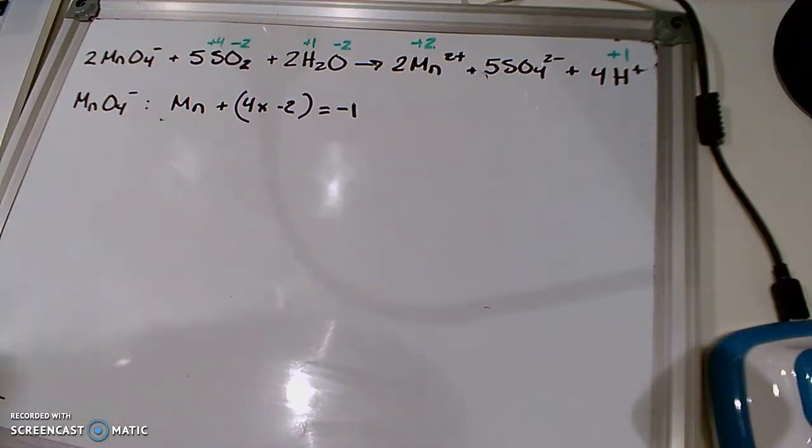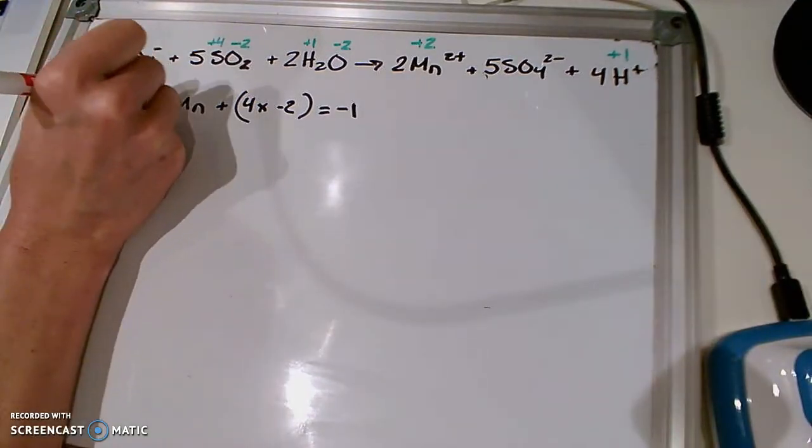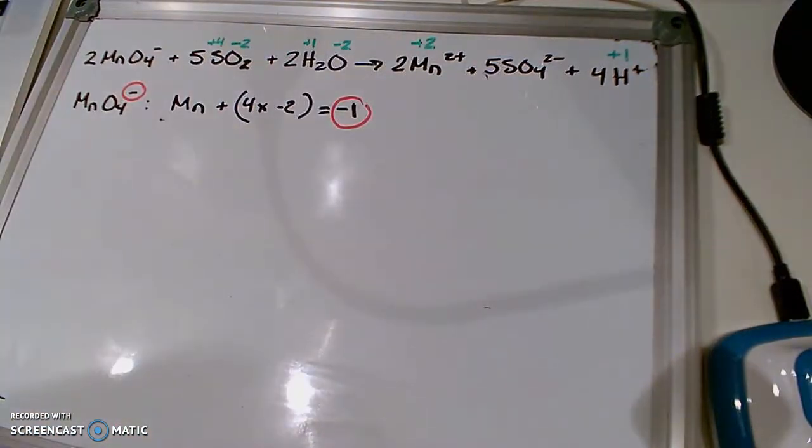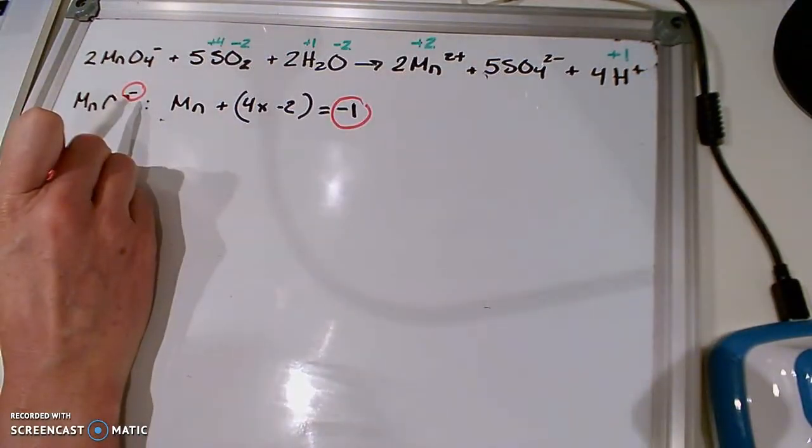And you can rearrange this equation and solve for the oxidation state of manganese. Just to be super clear, this is why I'm saying that these need to add up to -1: that negative charge right there.